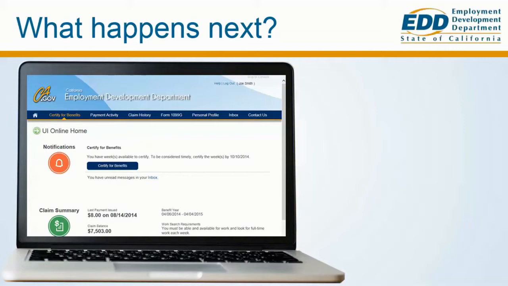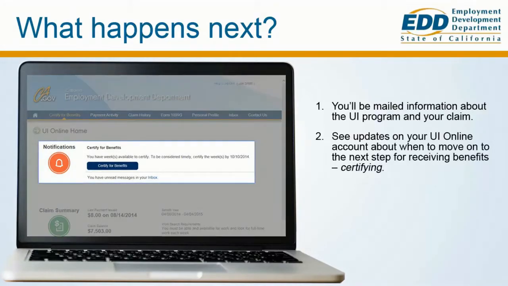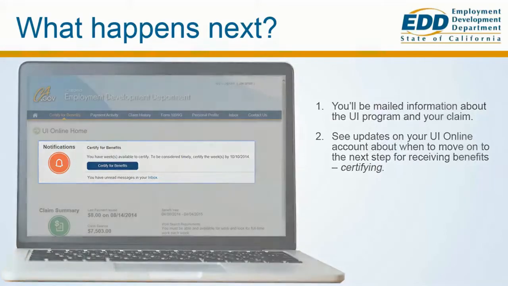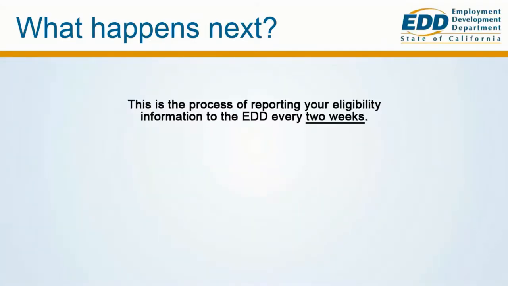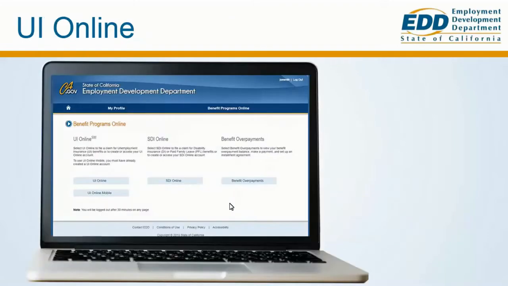So, what happens next? After you file, you'll be mailed information about the UI program and your claim. You'll also see updates on your UI Online account about when to move on to the next step for receiving benefits, certifying. This is the process of reporting your eligibility information to the EDD every 2 weeks and can be done online, by phone, or by mail with the Continue Claim form.